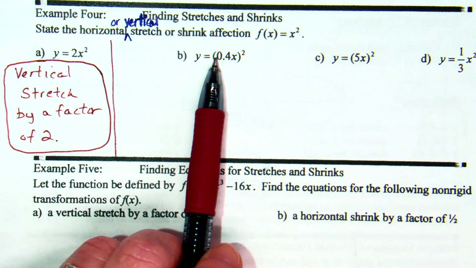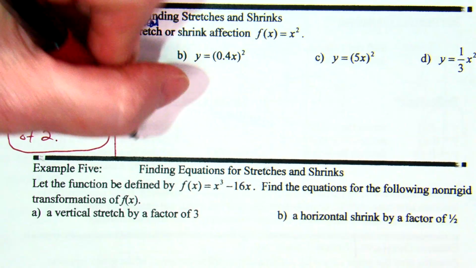What is 0.4x raised to the power of 2 rewritten as? 0.4, because when you square this, it's x squared and then 0.4 squared. 4/10 times 4/10 is 0.16. So, did I say that wrong?